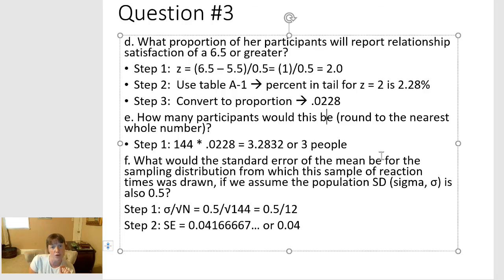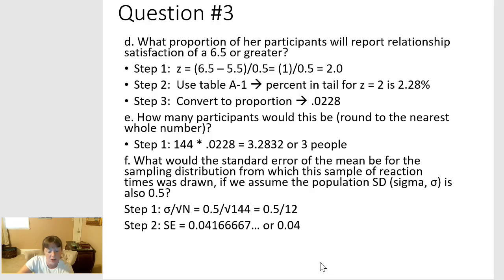Now, for those of you who've already watched the sampling distribution and central limit theorem video, the very last question is what would the standard error of the mean be for the sampling distribution from which this sample of reaction times was drawn? Now we remember that standard error is calculated as sigma over the square root of n.